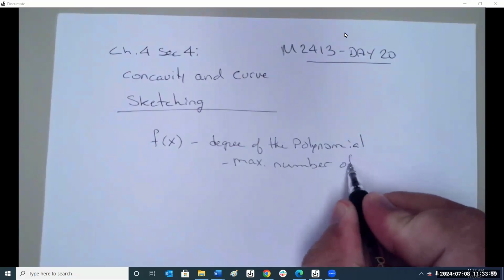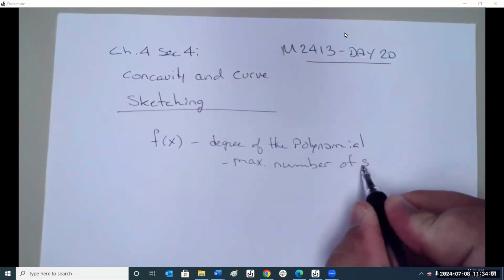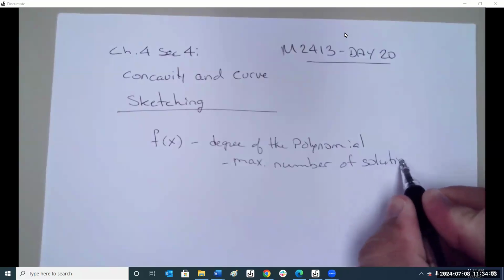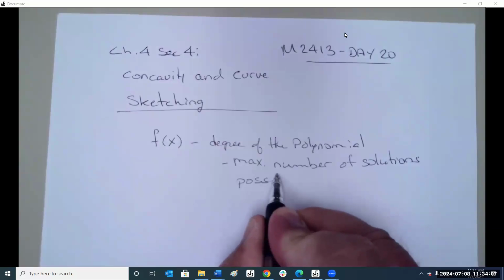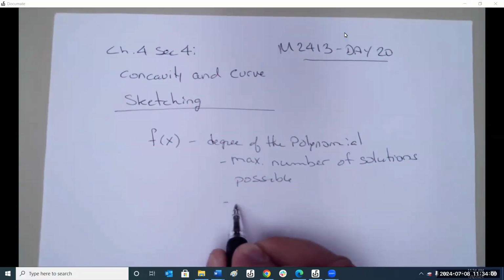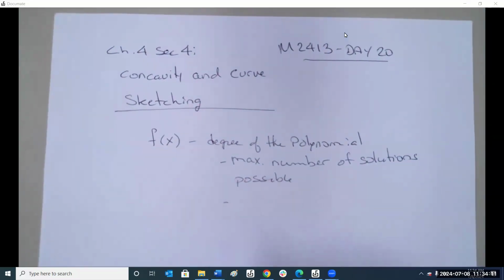It's the maximum number of solutions possible. But yes, you're right about that also. Not the number of turns, though.